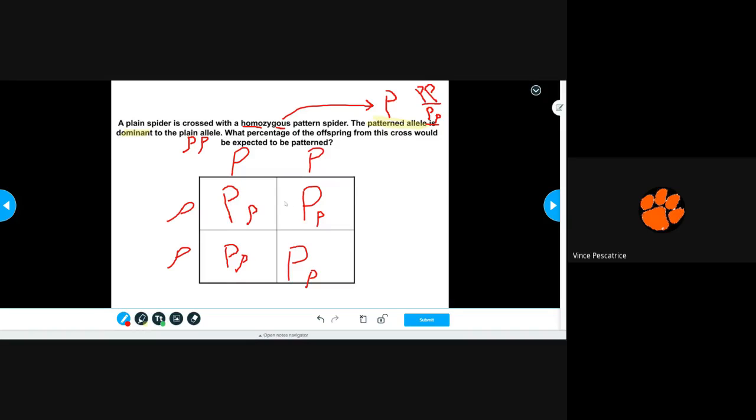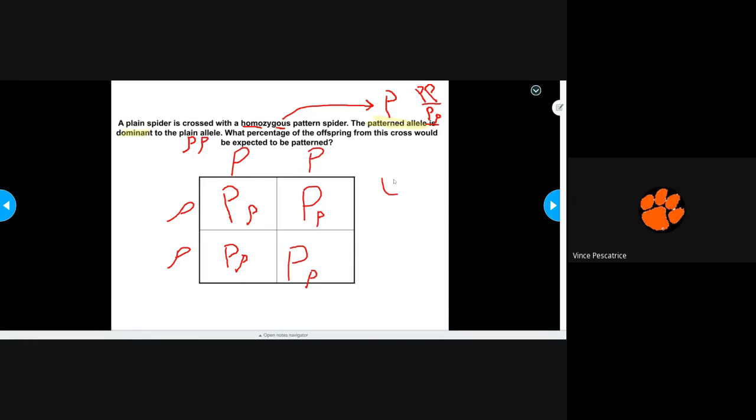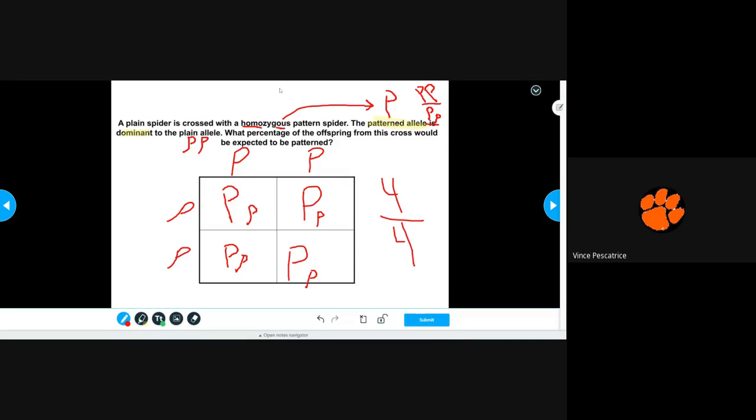All of these will show a pattern spider. So that's 4 out of 4 possibilities that there'd be a pattern spider. So the answer for this one would be 100%.